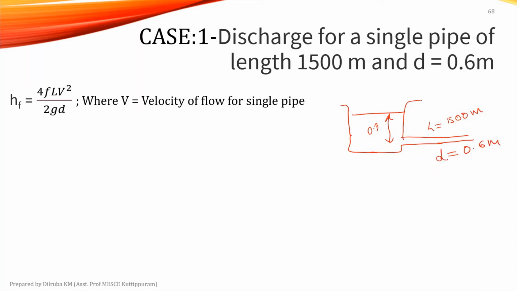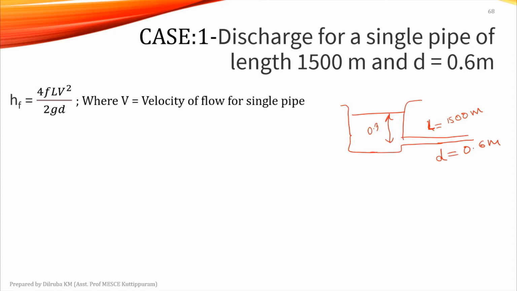So L is 1500 meter and diameter is 0.6. So we have to calculate the discharge for a single pipe of length 1500 meter.